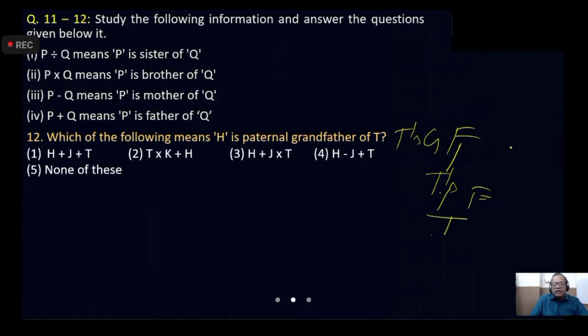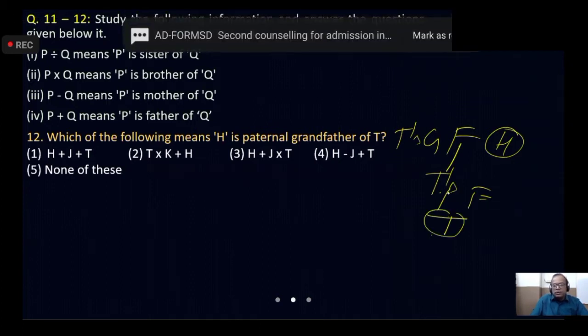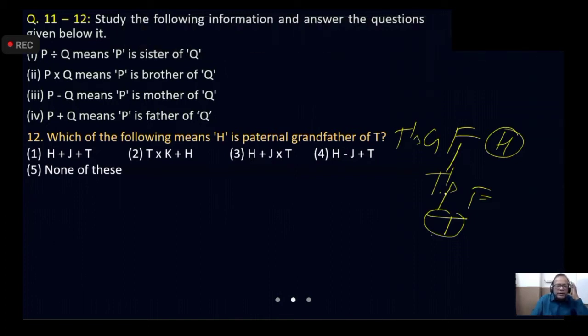So between H, the grandfather of T, 3 generations are to be represented. This is what we have to visualize in our mind. Now, H is paternal grandfather, male or female? Male. So you see where it is possible to eliminate any choice.